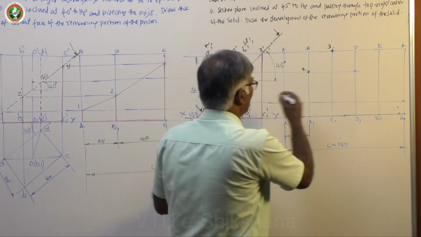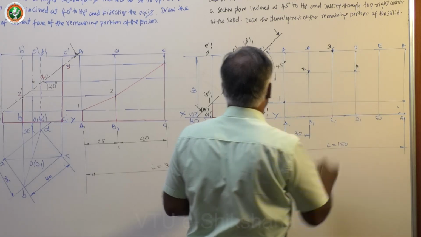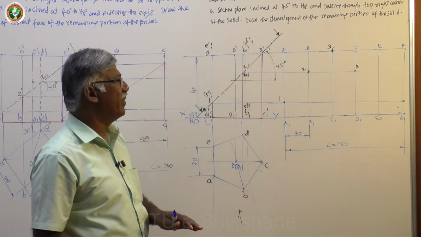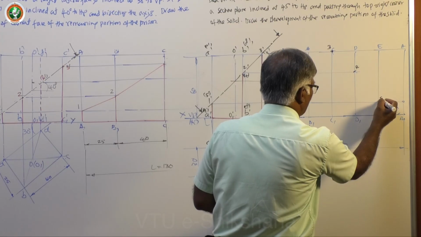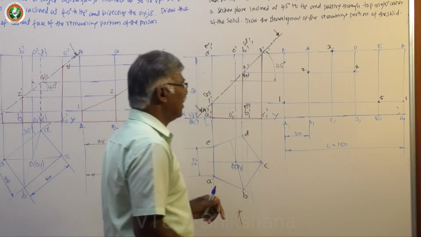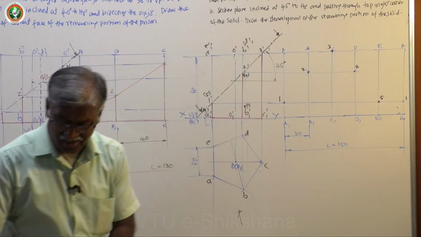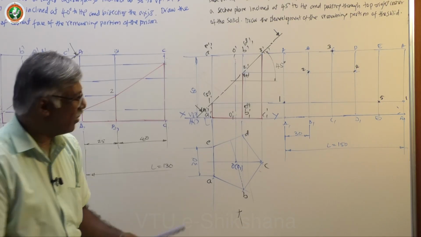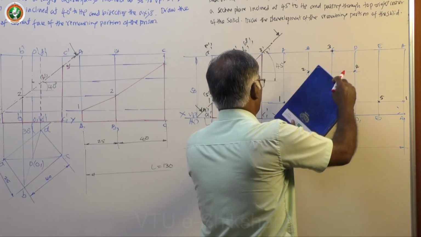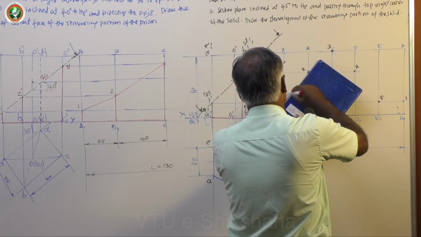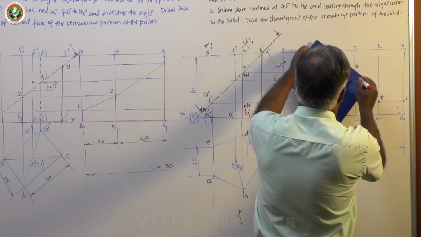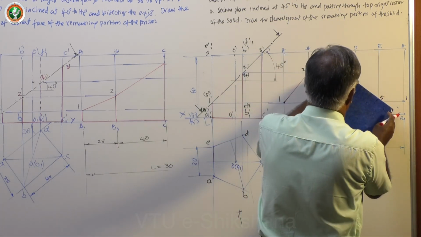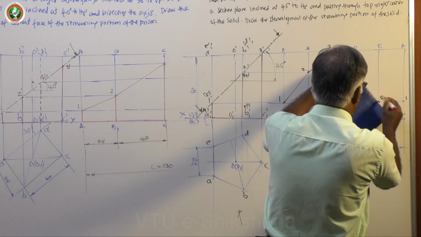Then 4, considering with 2 in front, the same height will be maintained. And 5 is as per this. So this is 5, this is 1. Now join the development profile here, the cut portion: 1 to 2, 2 to 3, 3 to 4, 4 to 5, 5 to 1.